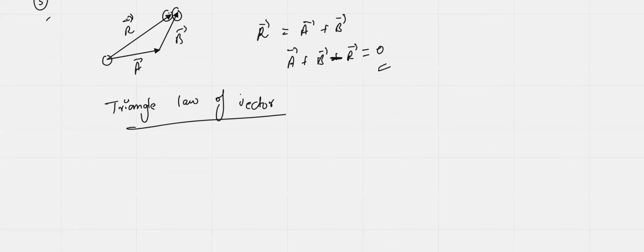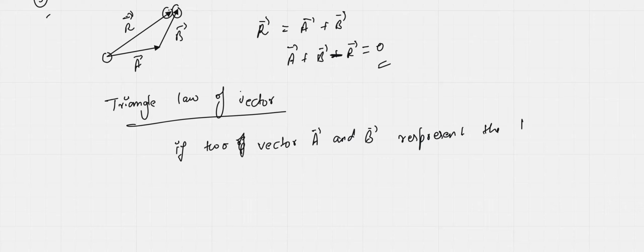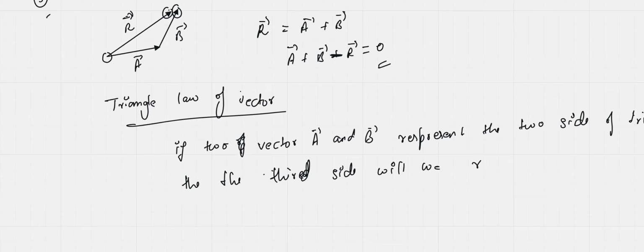So what does the triangle law of vector addition say? It says that if two vectors A and B represent the two sides of a triangle, then the third side will be represented as the resultant vector of the triangle.